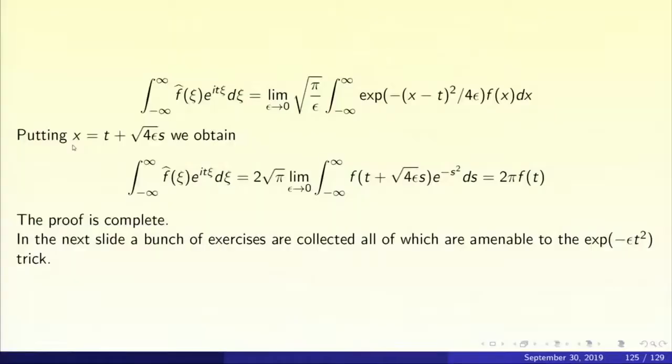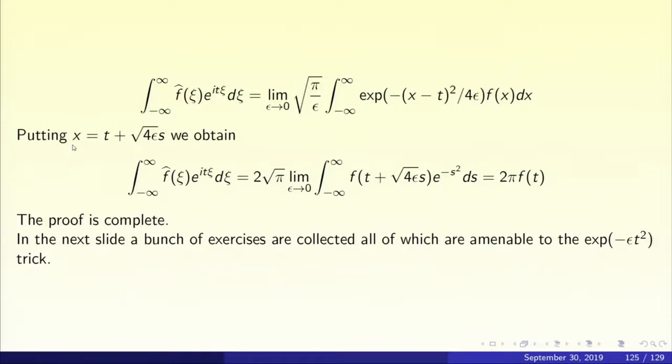It is the Fourier transform of the Gaussian that we have just computed in the last lecture. So let us use the formula for the Fourier transform of the Gaussian and put it in. So what we get is limit as epsilon goes to 0 root pi by root epsilon integral minus infinity to infinity e to the power minus (x minus t) squared upon 4 epsilon f of x dx.